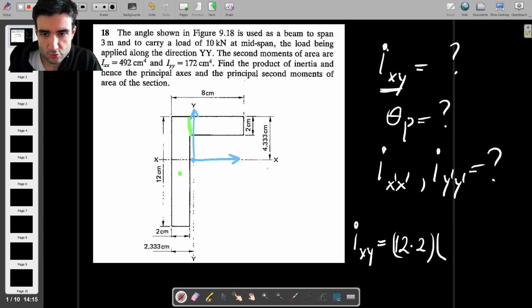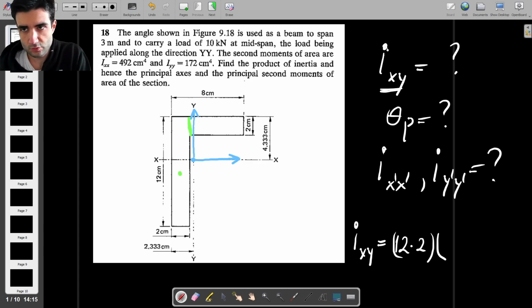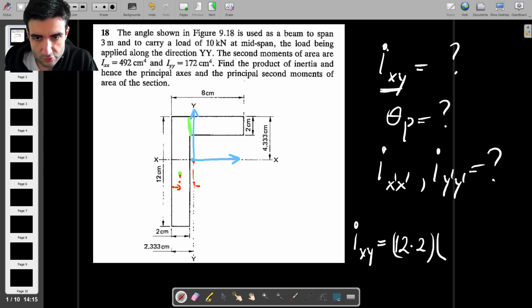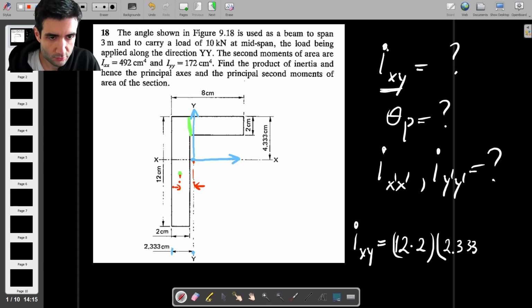The x coordinate is given to us by this distance, the distance between the two centroids. We know that from the left to the centroid of the whole thing we have 2.33 centimeters, and then we have to subtract 1 because that's where this centroid is horizontally, so that's 2.333 minus 1, the x coordinate.